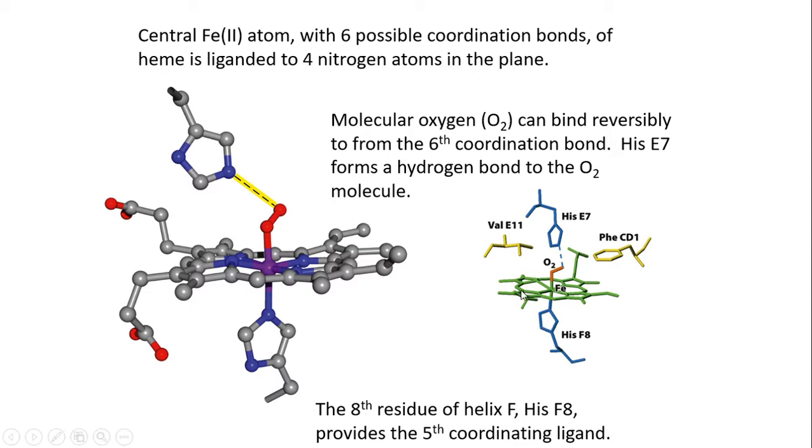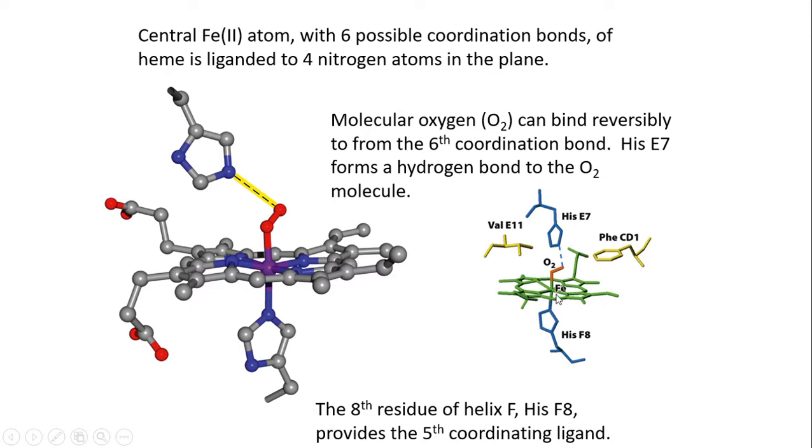So we have nitrogens in the plane at 4 different corners of this heme, and when O2 is in the binding pocket, it is coordinated by the histidine in alpha helix E in the 7th position.